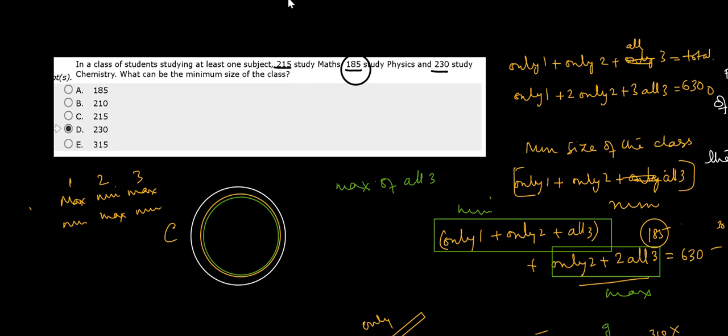So that will happen when all three is maximum, which can only be 185, because all three means people have to study all three subjects, right? And there are only 185 people who study physics. So if I assume that this 185 also studies both chemistry and mathematics, that is the maximum number of people who study all three subjects, correct?